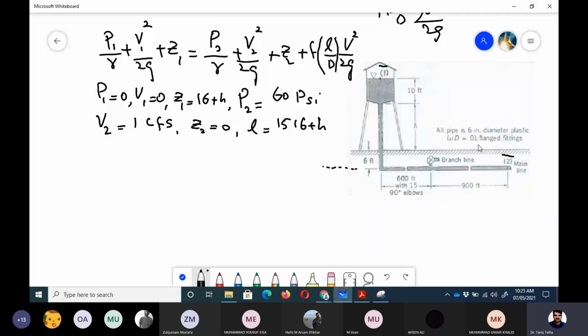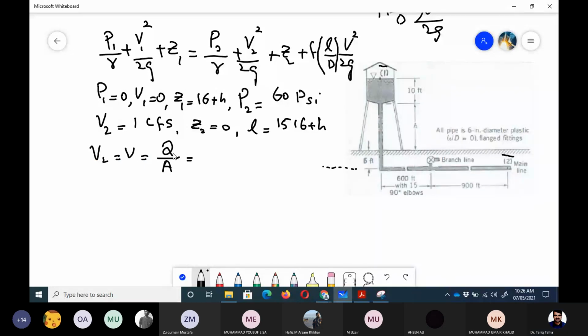So first of all, what we do is try to find the value of V2. V2 would be equal to V, that would be equal to Q upon A, right?